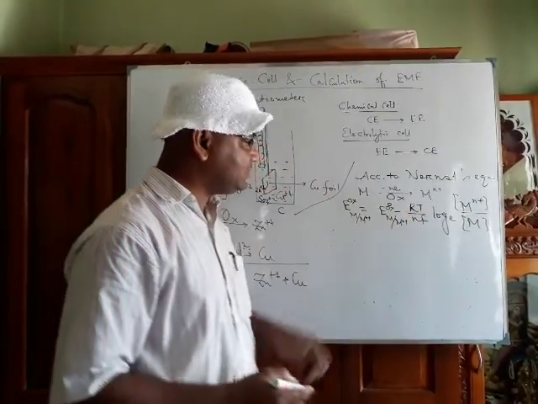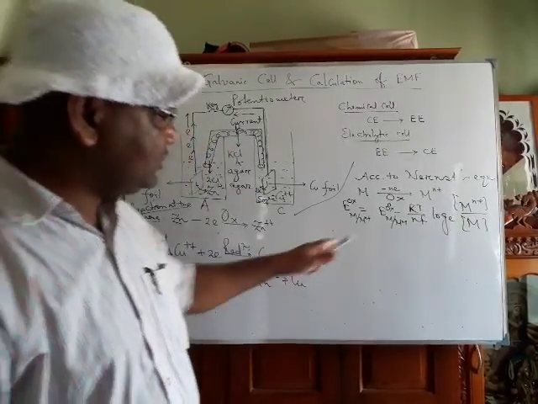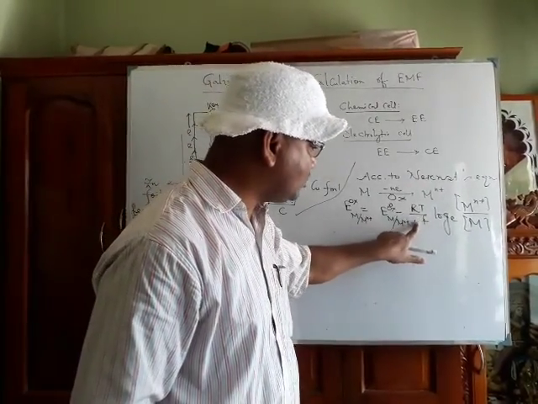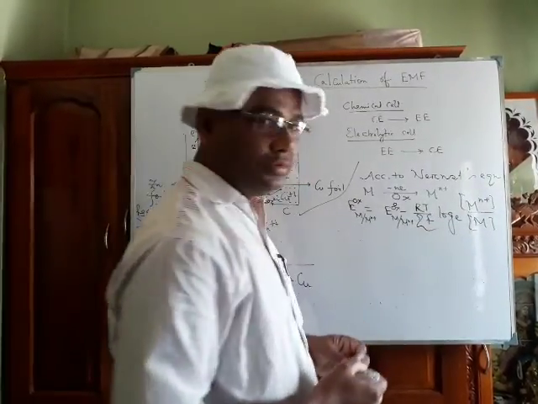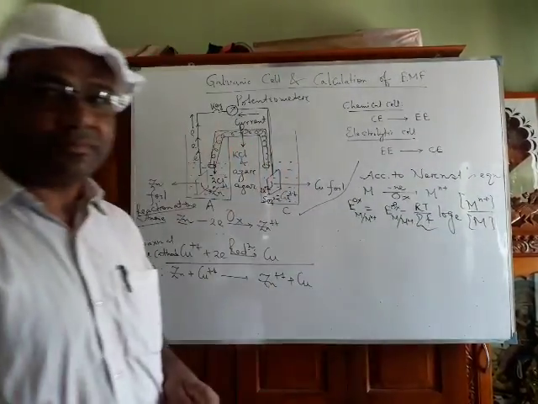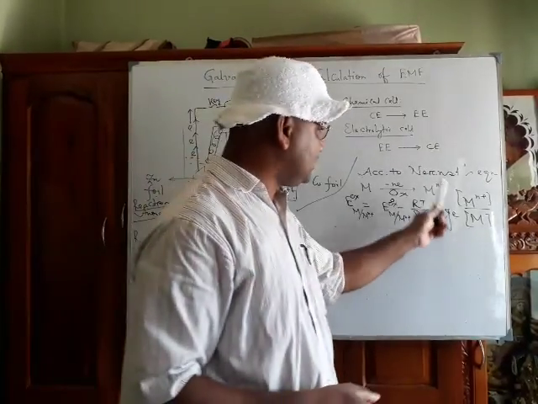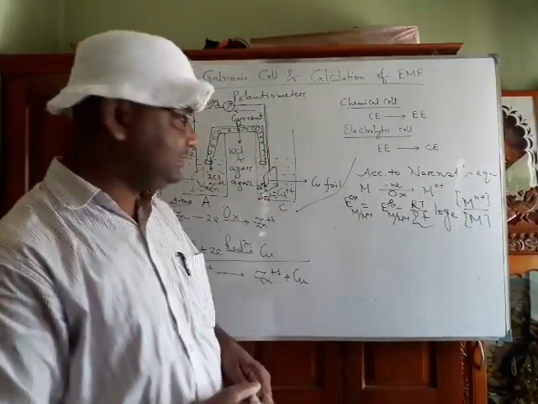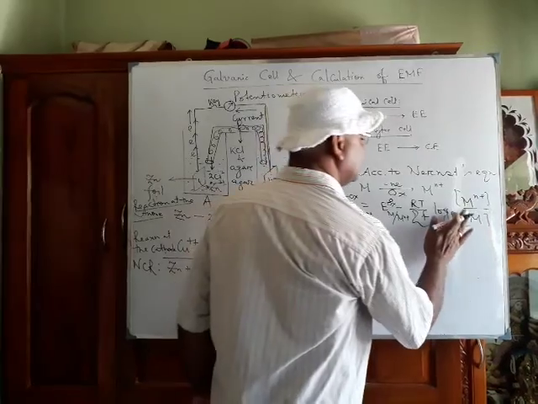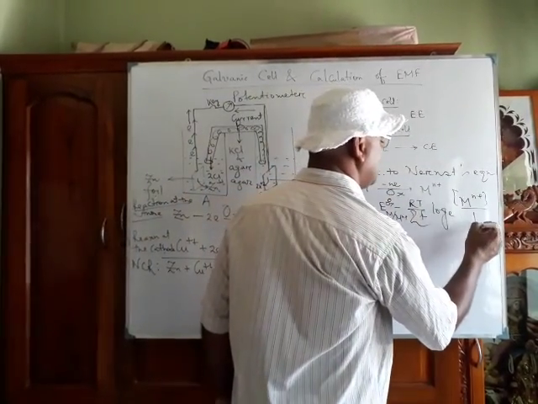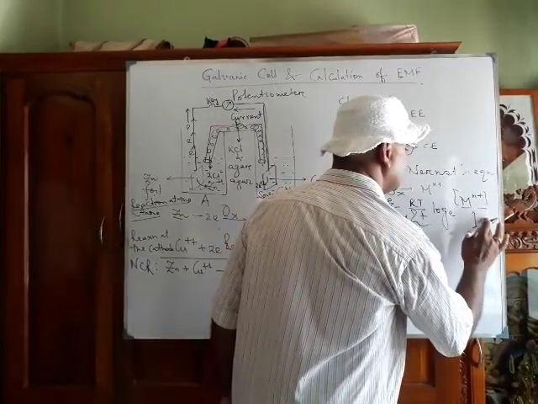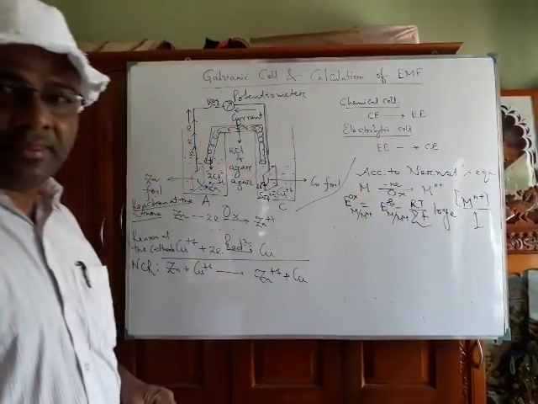R is the universal gas constant, T is the absolute temperature, n is the number of electrons lost or gained, in this case 2, and F is the Faraday. And the concentration of product by concentration of reactant: since the metal is a solid, its concentration is to be taken as 1.